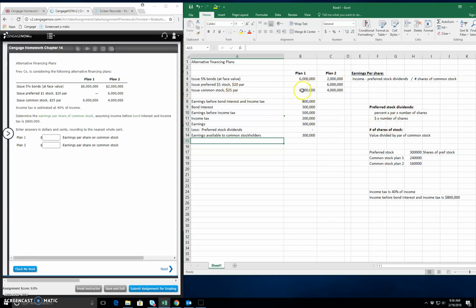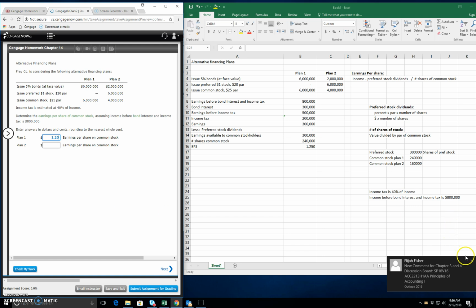Number of shares of common stock for Plan 1, remember, is 6 million divided by $25 par, so number of shares is 240,000. So our earnings per share is 300,000 divided by 240,000, and we need this to have some decimals so we can see what it is: $1.25. So I'll put this in over here and check my work and see what it says.